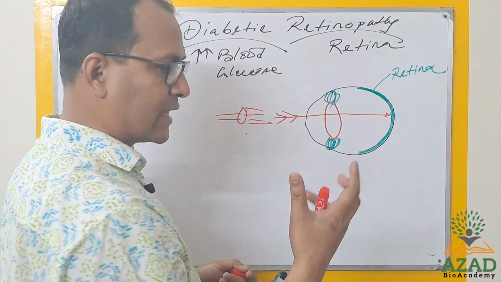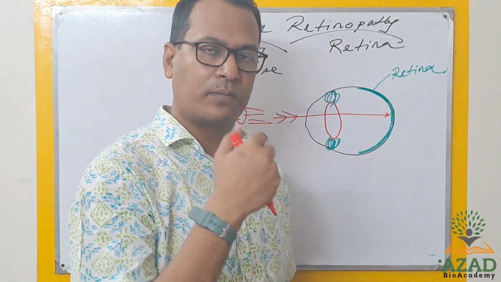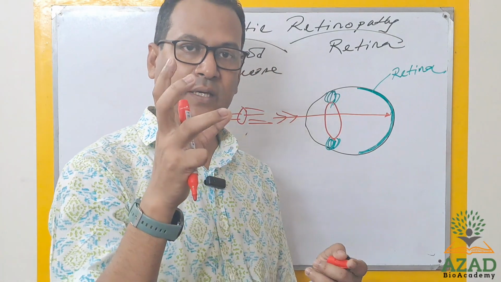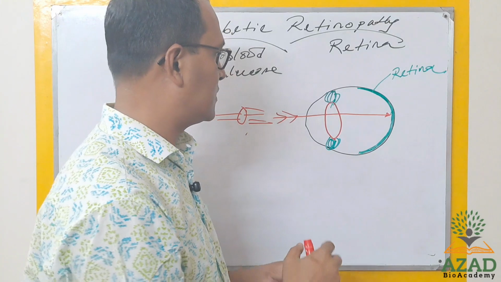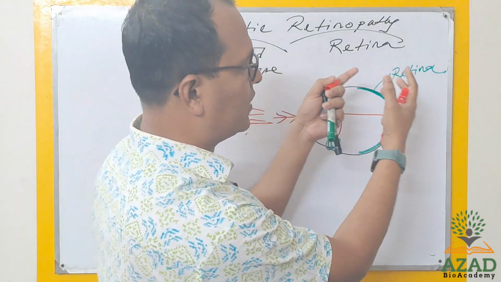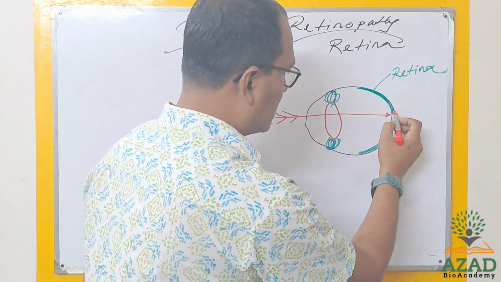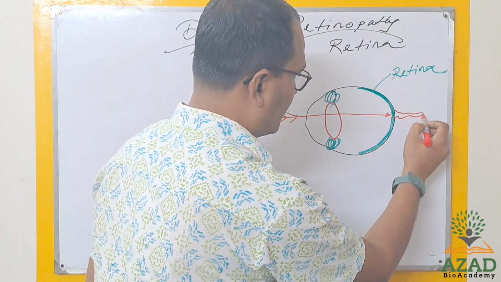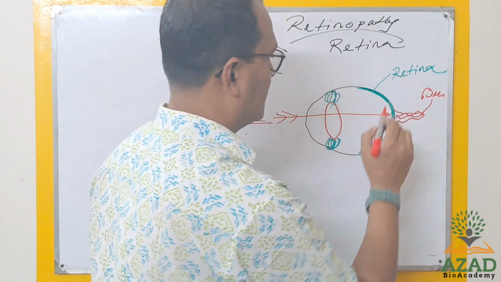That light is an electromagnetic signal, but your brain will receive only electrochemical signals. That means the electromagnetic signal will turn into an electrochemical signal, and your optic nerve will carry it to your brain.